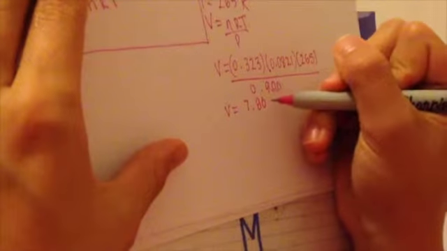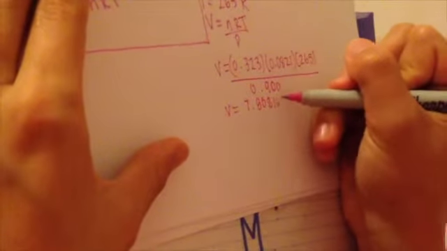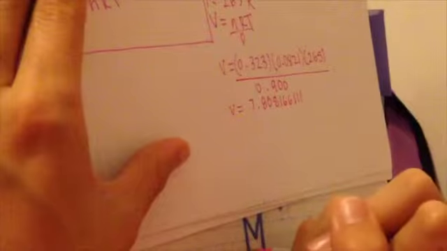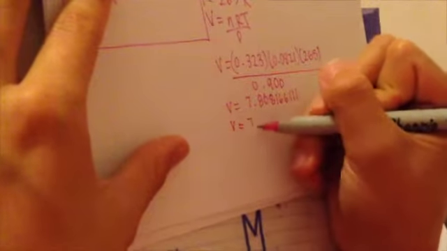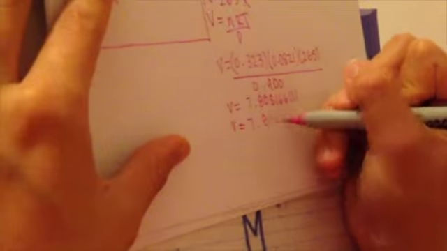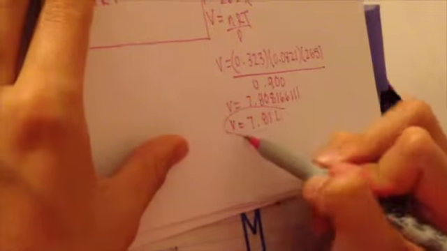When we solve that out, we get V equals 7.80816611. When we round that to sig figs, V equals 7.81 liters. So that is your answer for number 43, and that's how you solve for volume.